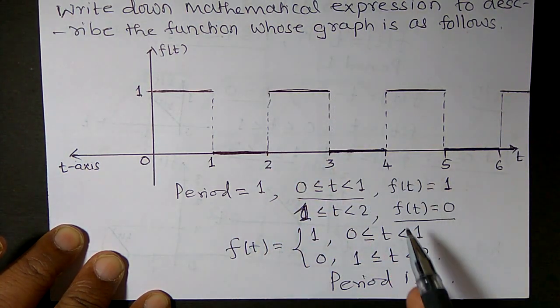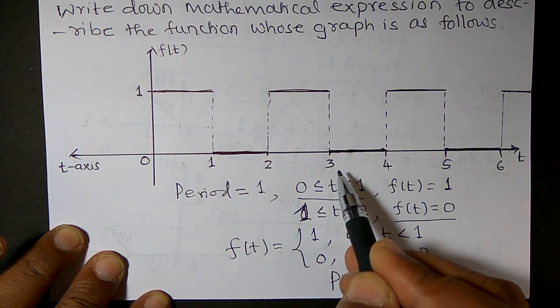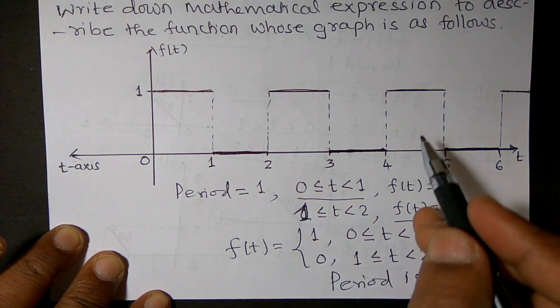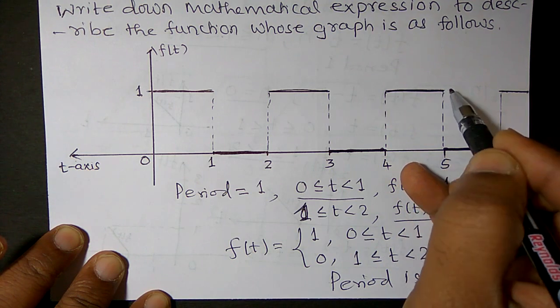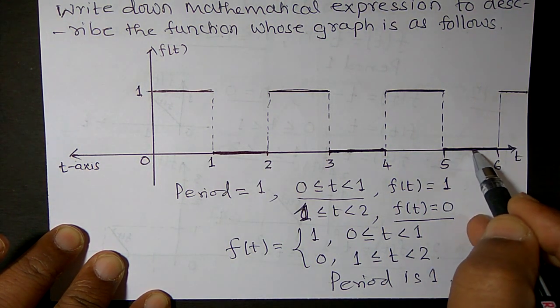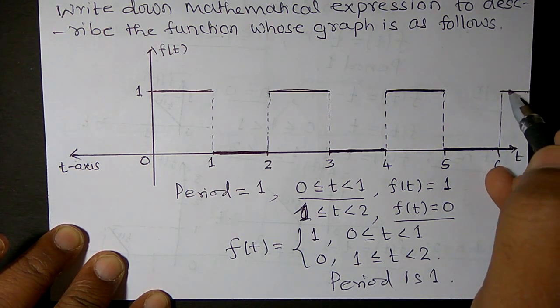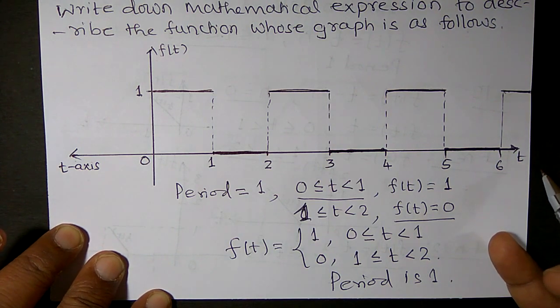Similarly, it becomes 0 between the interval 3 and 4. Say for example, in between 4 and 5, it remains constant, equal to 1. Again, in between 5 and 6, it remains 0, then you'll get this part. And it repeats the same thing for the next period.